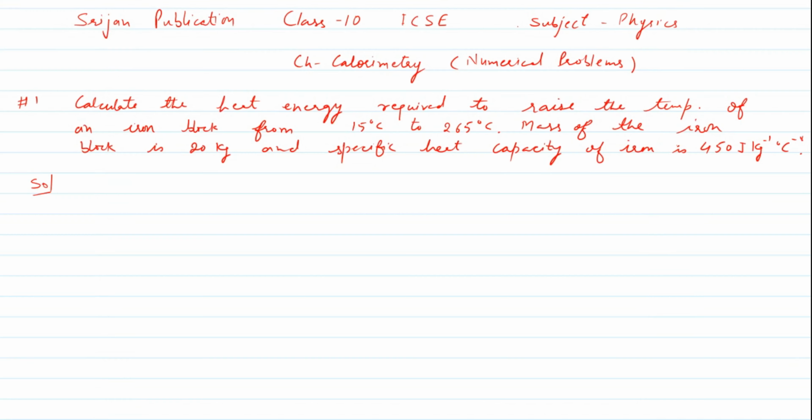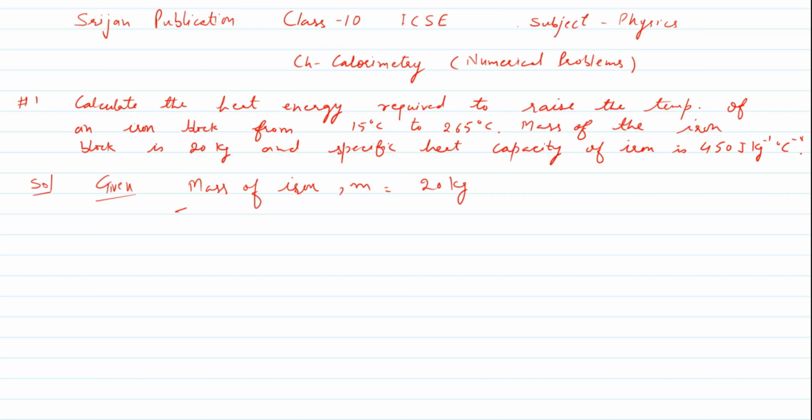First of all, write the given. Given is the mass of iron block is 20 kg.